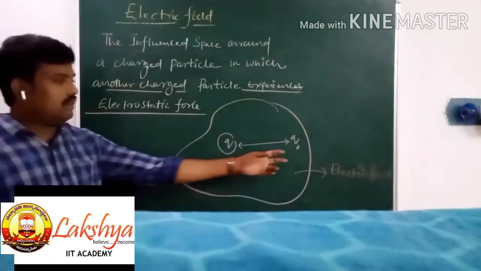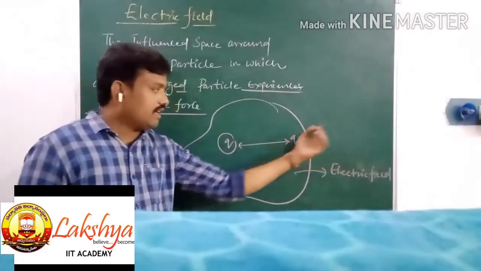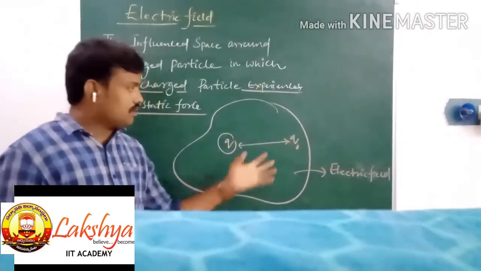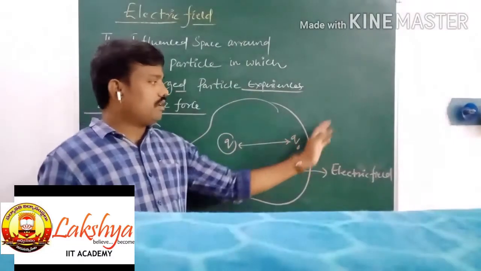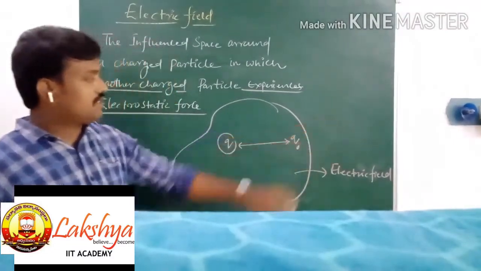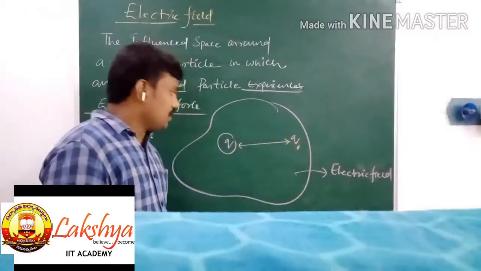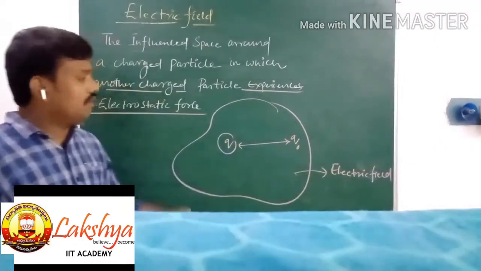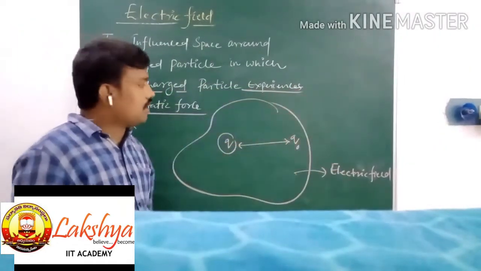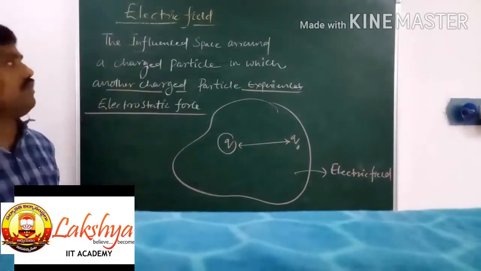Whenever this charge is taken into the field, only then does it experience the force. If this charge is out of the field, we cannot expect any electrostatic force, and it is almost zero. So within the field we can expect the force, and beyond the field we cannot expect any force. So this is the electric field.